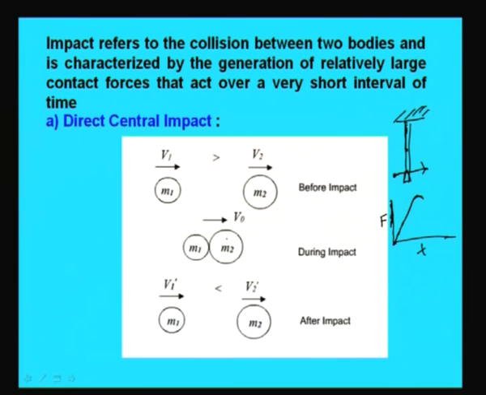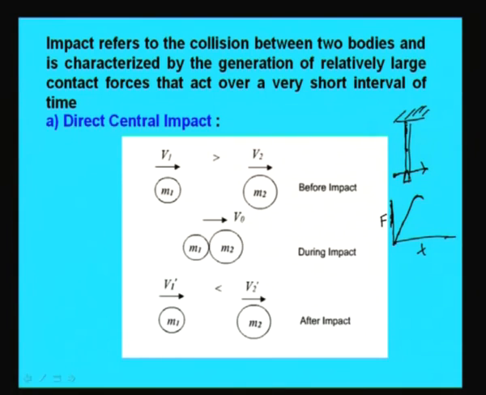But usually, because there is some elasticity, body m2 will try to come back to the original position, and even body m1 will have a tendency to go to the original position, that means recover from the deformation. So it will start applying the force in the opposite direction.